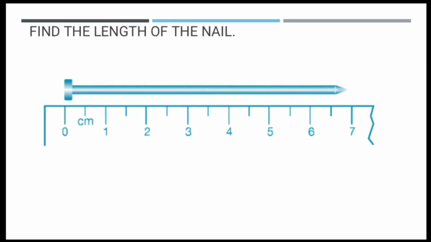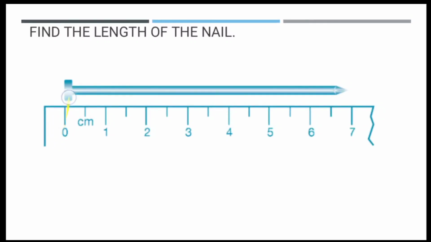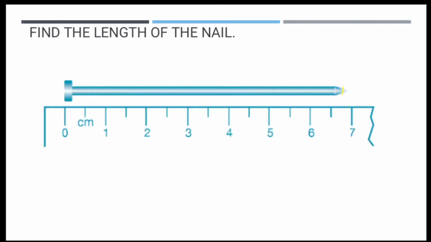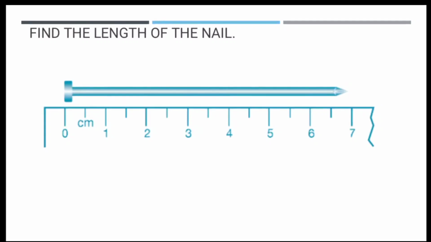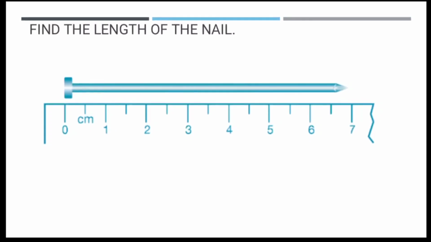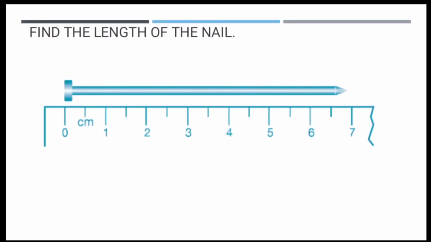For instance, let's find the length of this nail. As you can see, from 0 to the other endpoint of this nail is approximately 7, but it is not actually at 7 centimeters. So in this case, instead of saying this nail measures 7 centimeters, you just have to say this nail is approximately 7 centimeters.